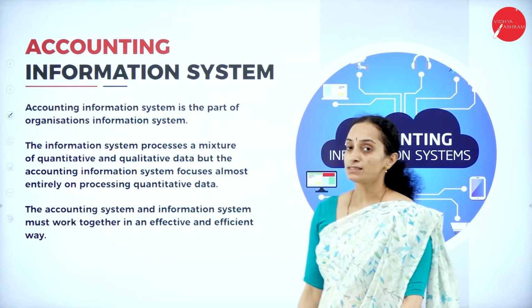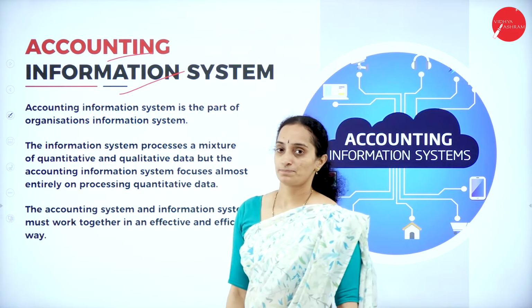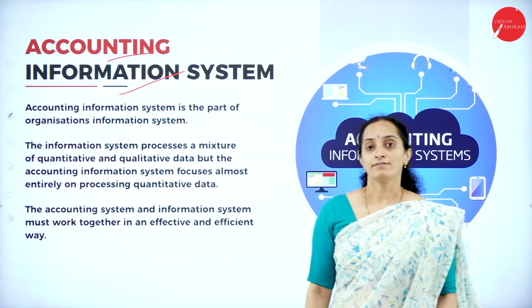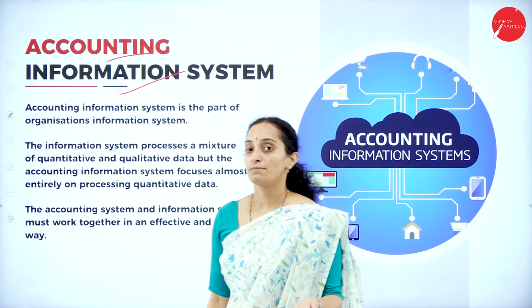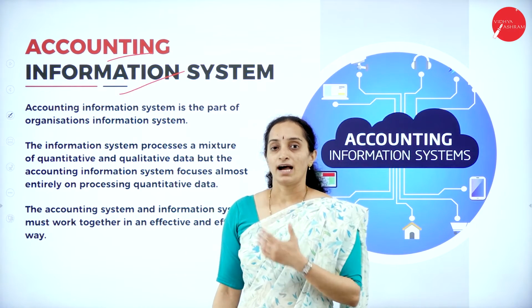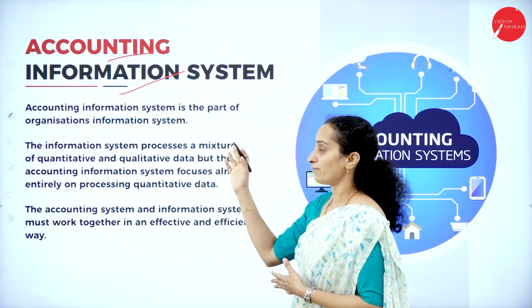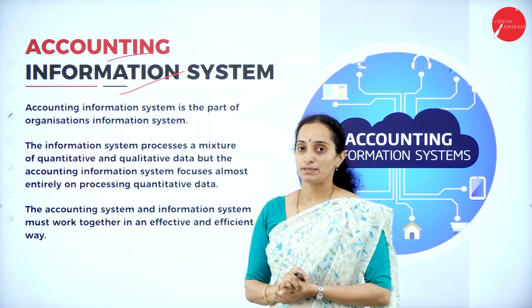The next is the accounting information system. So we have the financial information system, the transaction processing system, then the human resource information system, then the accounting information system.